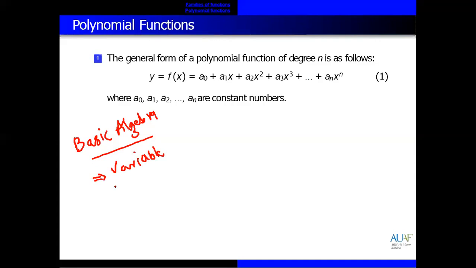Second one is constant, and third one is exponent. These three things. So variable, constant, and exponent.